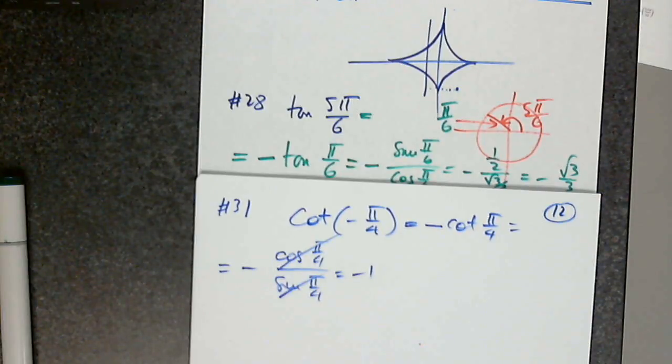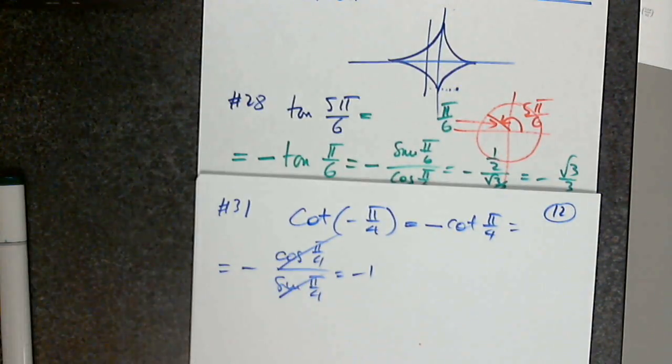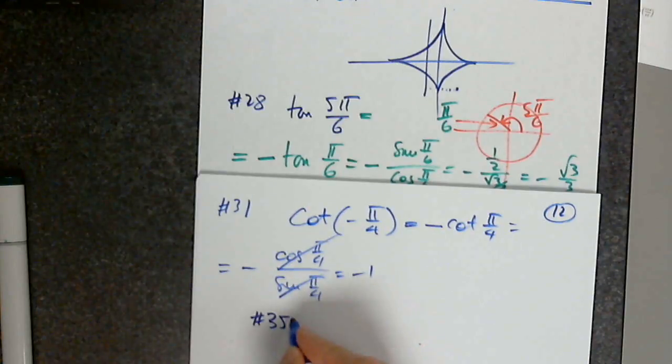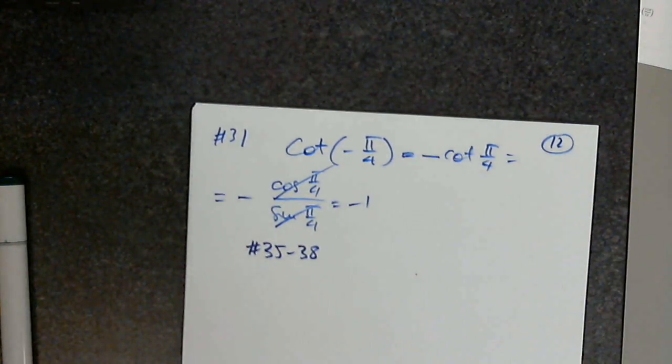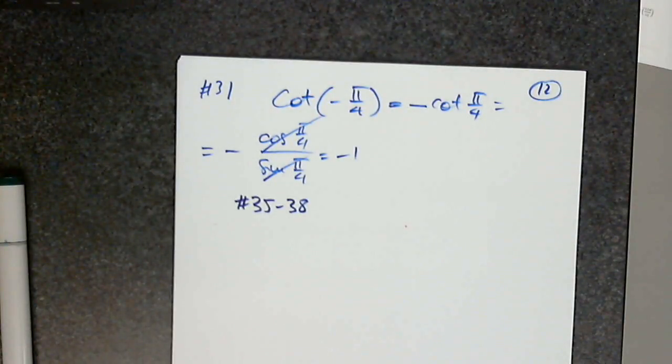Yes? 35 through 38. So which three functions are odd? All the ones that involve cosine. Cosine or secant. Yes. Very good. So let's choose a problem from 35 to 38. 36. 36 it is.